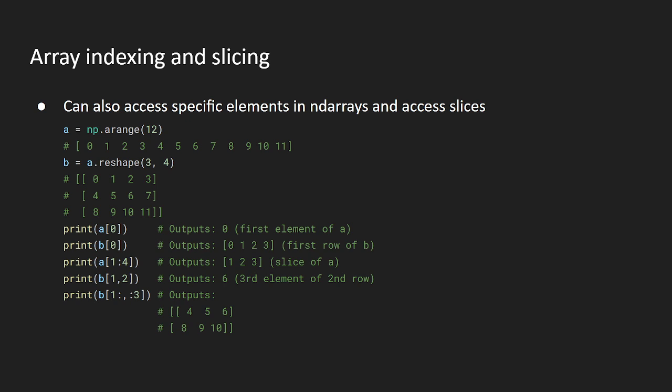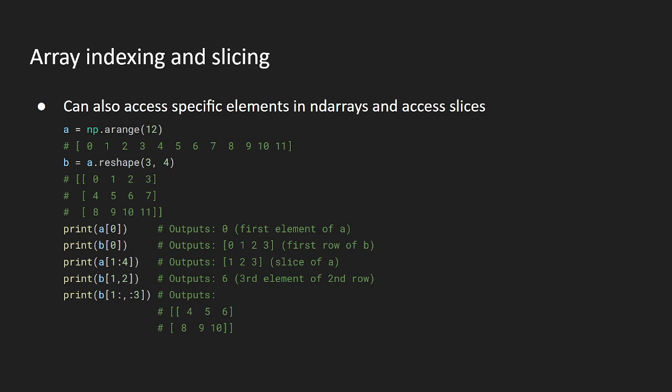B[0] would return the first list in the array B. So for example, printing B[0] would return 0, 1, 2, 3 as a list, which is the first row of B. And also, I want to note that the first index in a 2D array in NumPy is a row value, whereas the second index would be the column value.